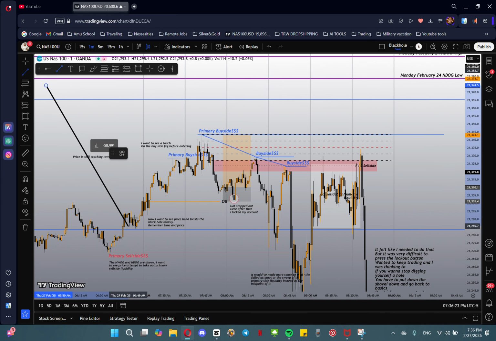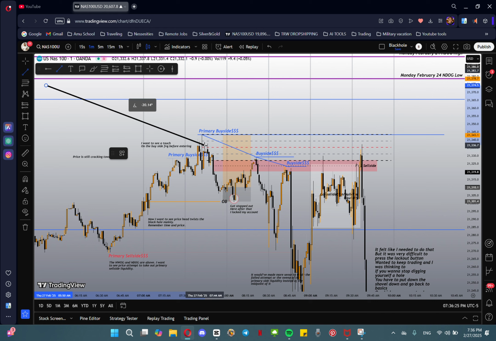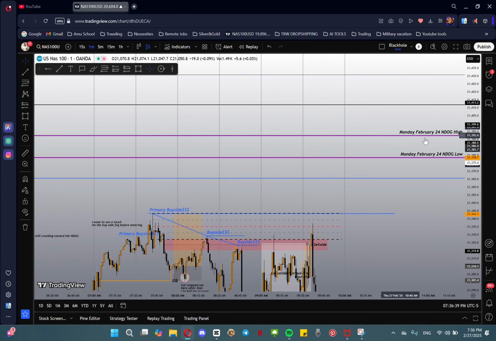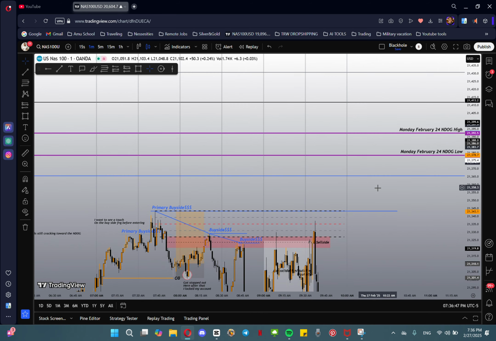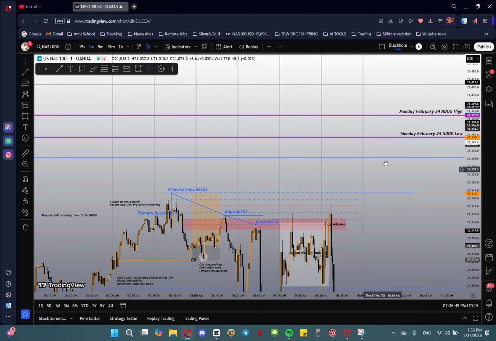Seeing all this buy momentum made me think, if price is going to keep going up, where is it most likely to go? It's going to come up here to the next magnet, which is the new day opening gap high and low from this Monday, February 24th.